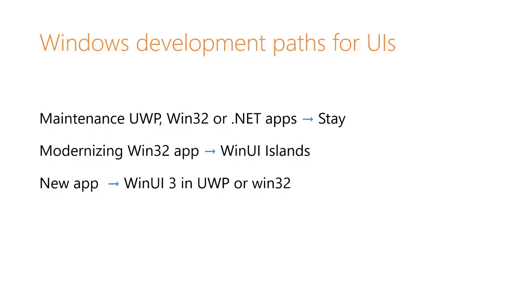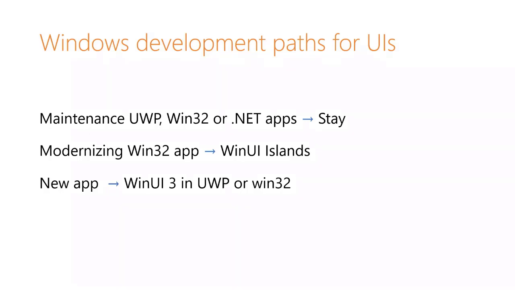But if you want to include all the Windows 10 UI layer, you can use WinUI 3 with the same concept as the island that Mike introduced. But it will be just hidden for you. You will just use the WinUI 3 control like a native control.